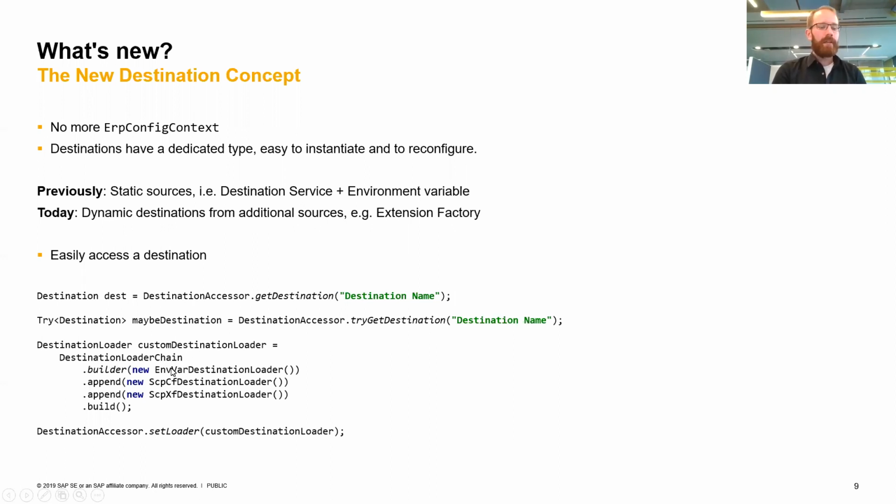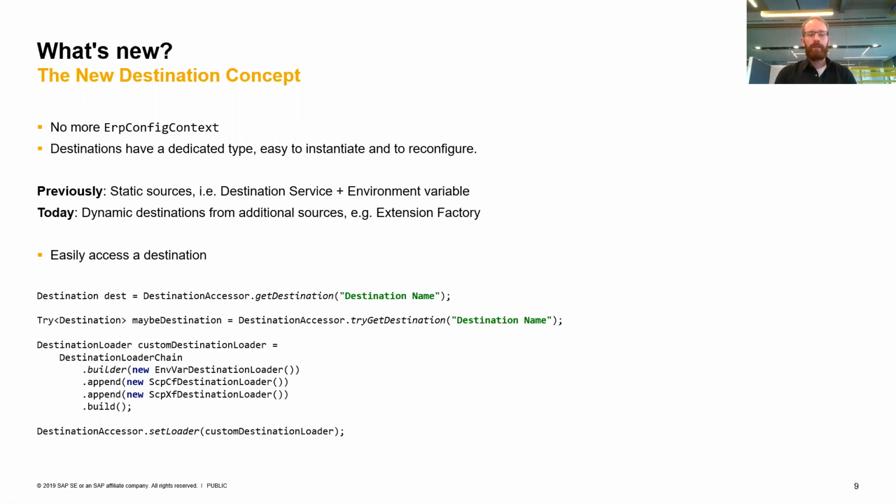If it doesn't find anything, it will look into the next. If it still doesn't find anything, it will go to the third. In this concrete example, we still look first in the environment variable, then in the default Cloud Foundry destination service. And last, if we still have no destination, then we look in the extension factory. So with that, you're relatively flexible to say where you want to have your destination read.